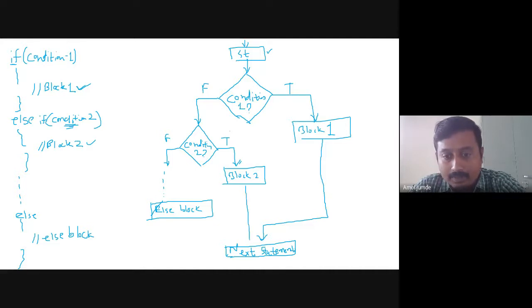After this also, we'll jump to the next statement. So only one branch will be executed, that you remember, based on the condition. If all the conditions evaluate to false, the else block will be executed. So take a screenshot of this. So this is a flowchart of else if ladder.